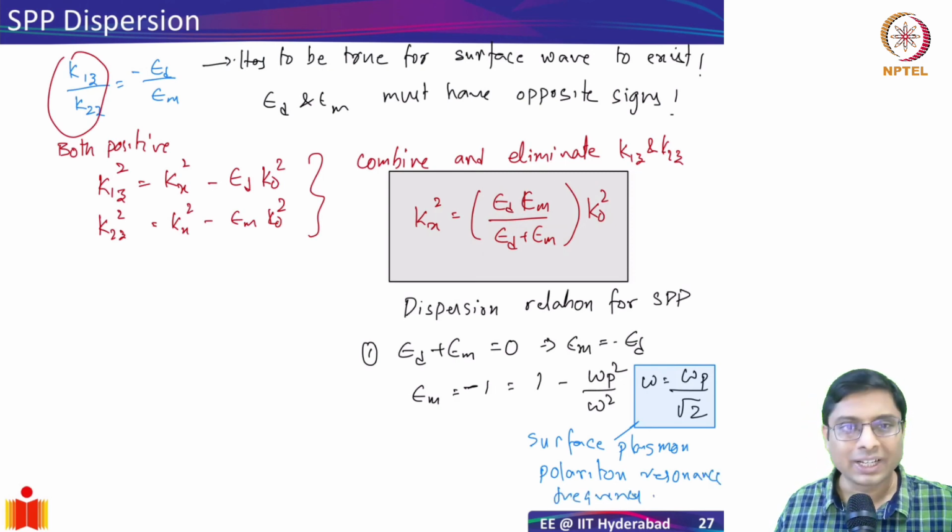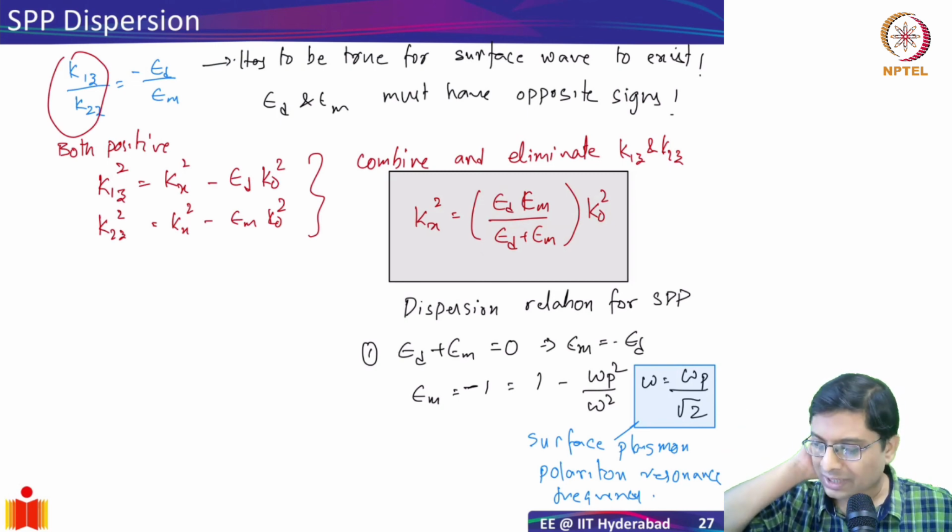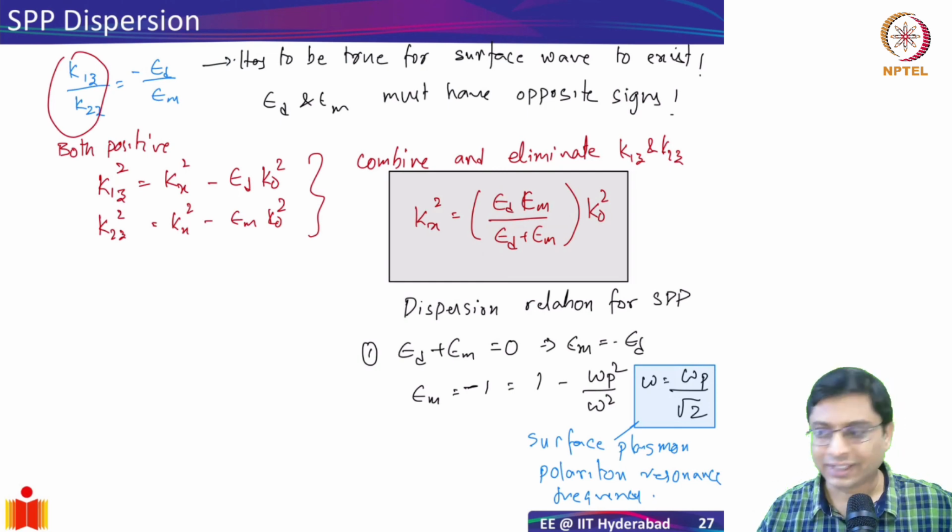Whenever your omega is equal to the plasma frequency divided by root 2, you have this resonance excited. And what happens when you have such a resonance? I'll discuss it in the next video.